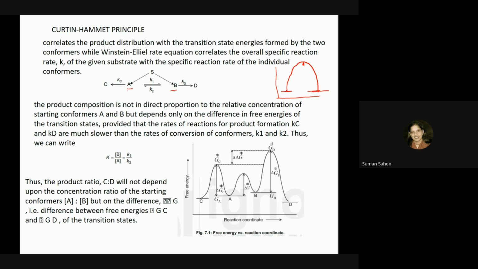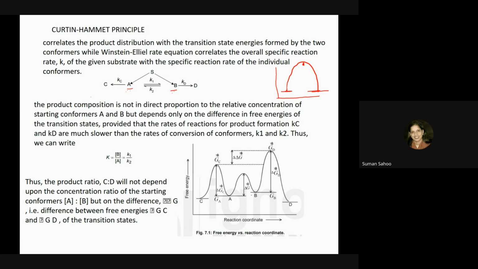Conformer A gives product C and conformer B gives product D. The product composition is not in direct proportion to the relative concentration of the starting conformations A and B. How much product will be formed does not depend on the relative concentration, but only on the difference in free energies of the transition states.